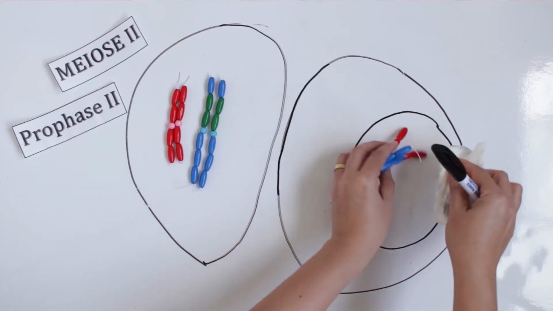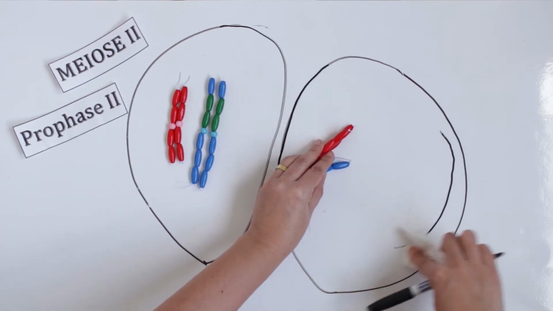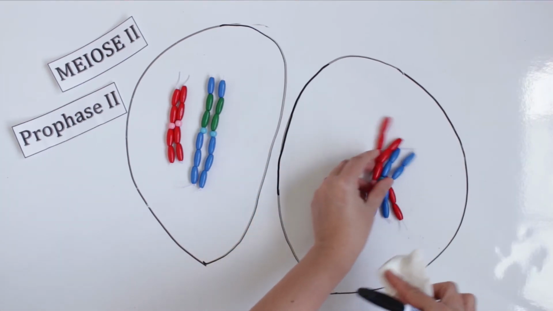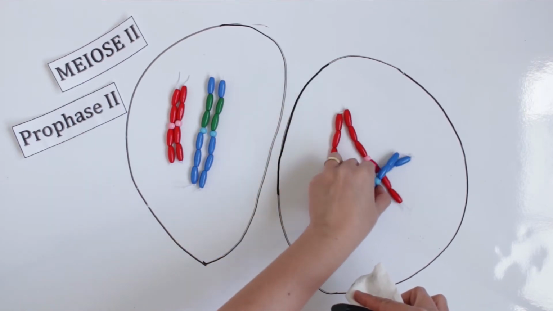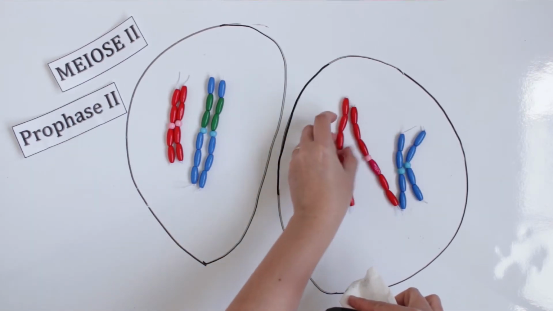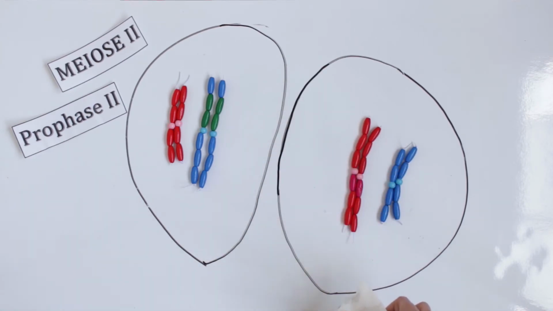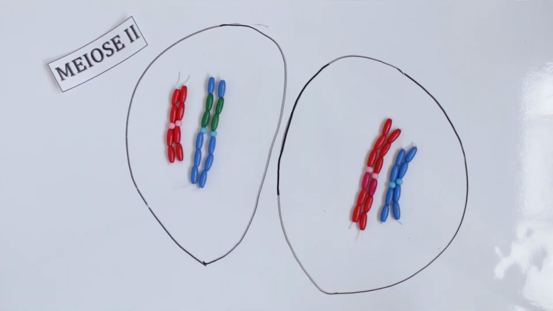So, that was disorganized. My nuclear membrane disappeared. And my chromosomes condense with the help of histones, remember? The protein. Okay, so that's the most important part for prophase.